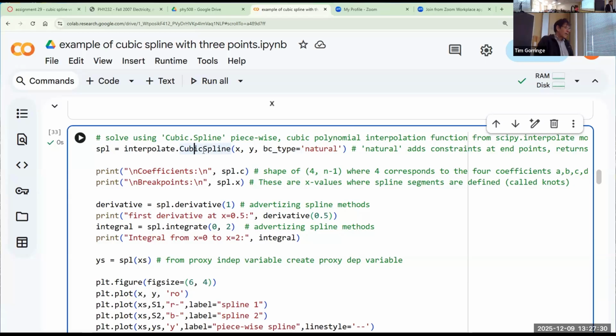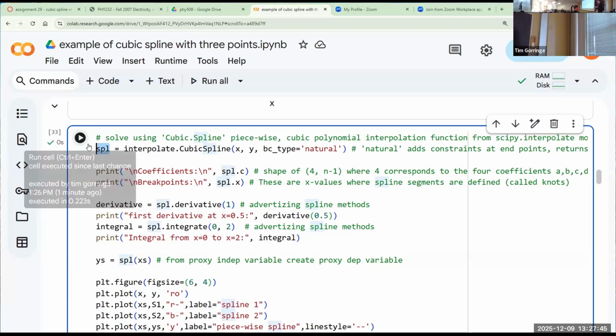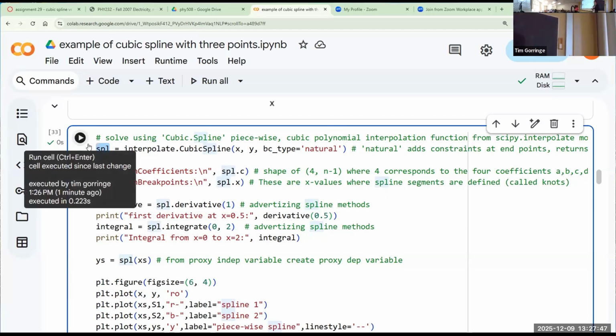Anyway, calling cubic spline with the data and your boundary condition returns an object which is the spline. So this is like a polynomial object, and it has methods like a polynomial object, but it's not a single polynomial. It's this piecewise polynomial through your data points.